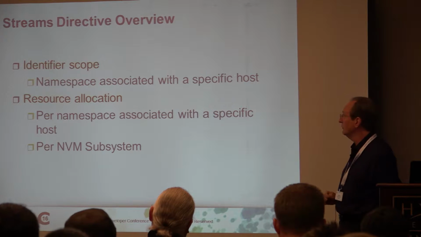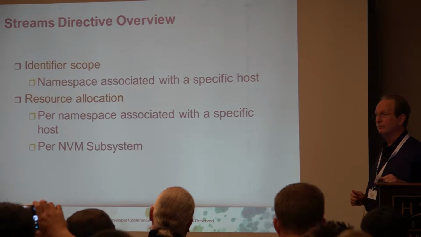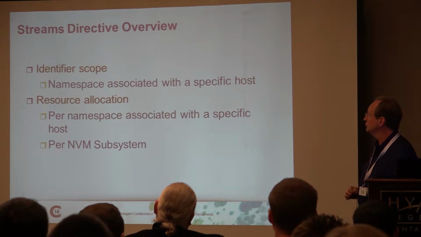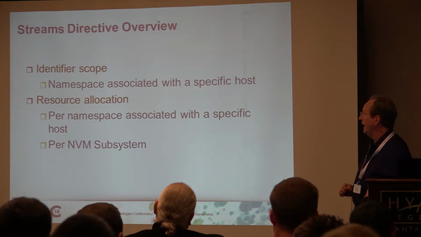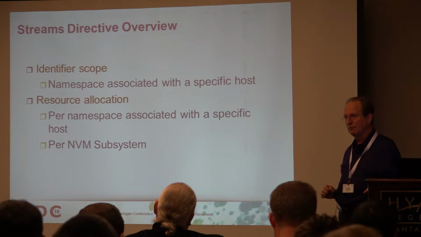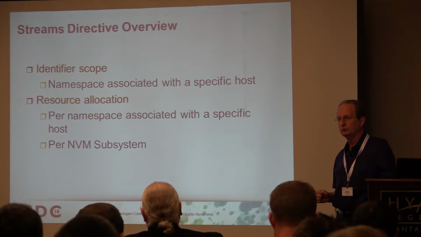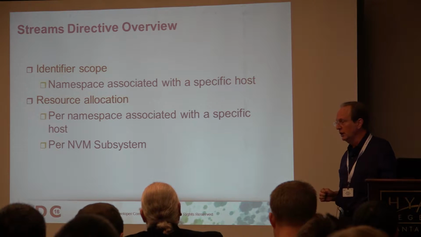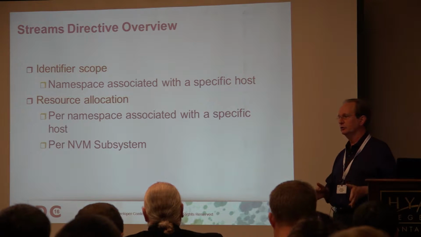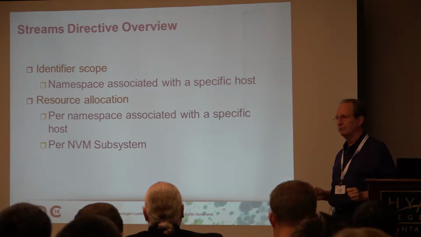So stream directive overview. The identifier of the stream within NVMe is scoped at the namespace associated with a specific host. This was probably the most difficult concept to get down into words because we're trying to deal with multipathing here. So you have multiple hosts that are connected to a single controller through separate ports.